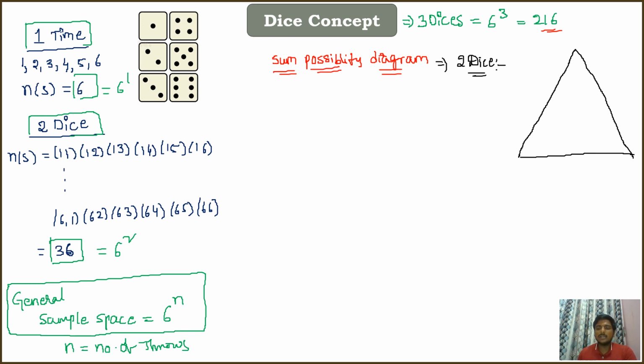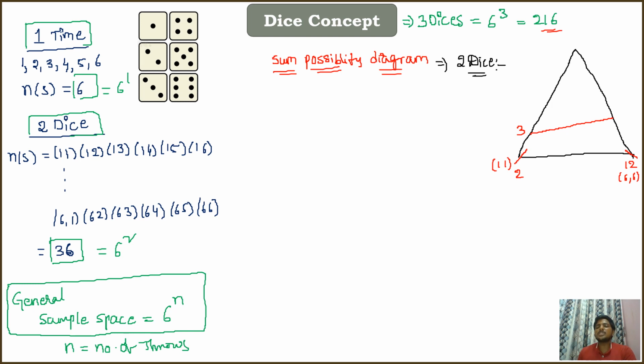Now have a look here. What is the least possible sum if the dice is rolled twice? That is 1 on the first dice, 1 on the second dice, so 2 is the least possible sum. And the highest possible sum is 12, that is 6 comma 6.